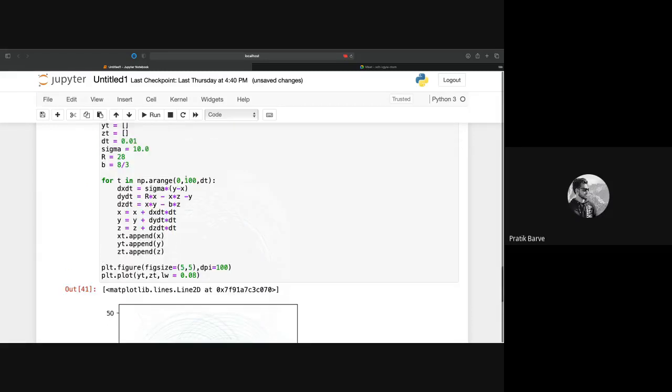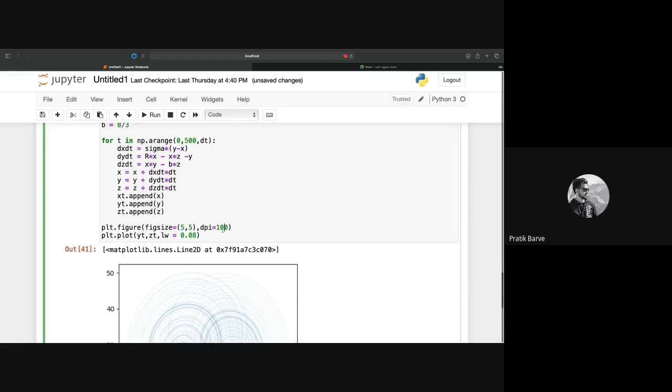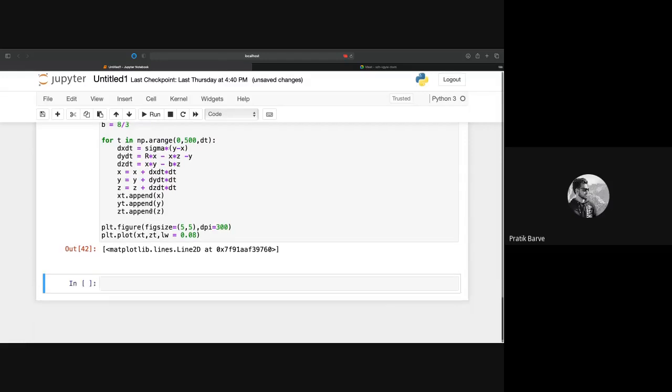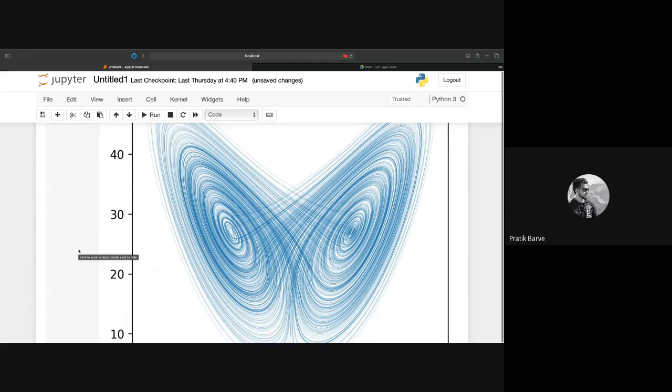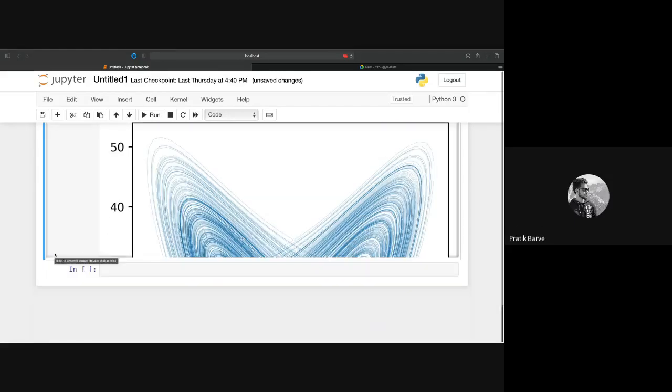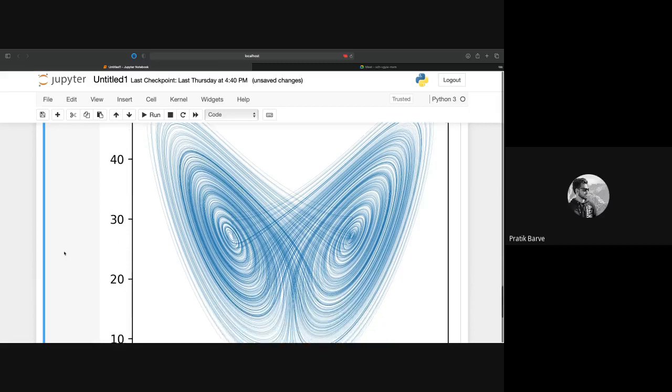I'll increase the number of points actually. Let's say 500 we have. DPI also 300. Yeah, so this is the famous pattern. Is this visible?